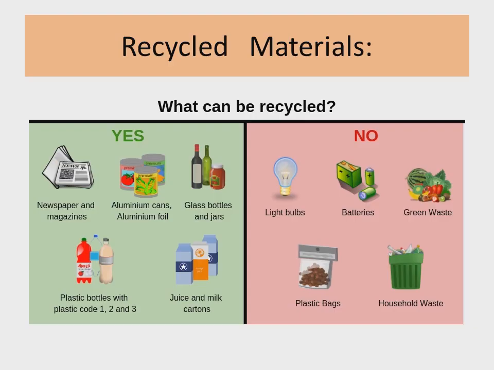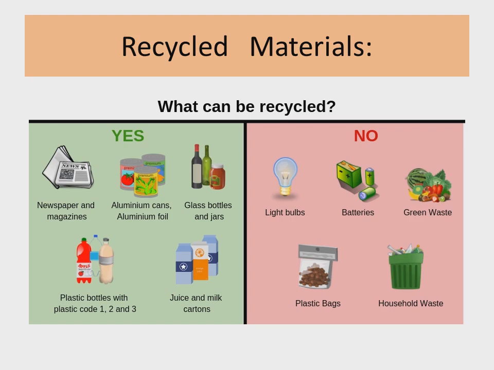Now on your screen you can see there are some materials which we can recycle, and some materials which we cannot recycle. On the left hand you can see the newspaper, the aluminum cans, the glass bottles, the plastic bottles, juice and milk cartons, they can be recycled.